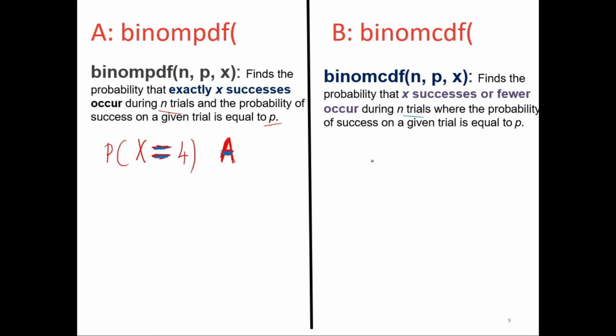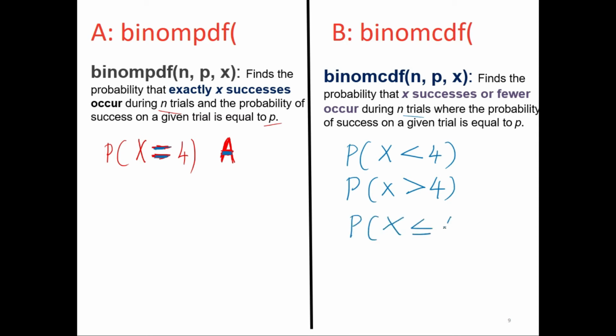So for example, when you're dealing with the probability of x less than 4, or the probability of x greater than 4, or less than or equal to, or the probability of x greater than or equal to. So whenever you have an inequality, you go for binomial CDF, which is option 2.